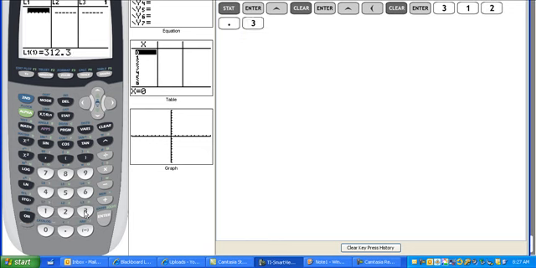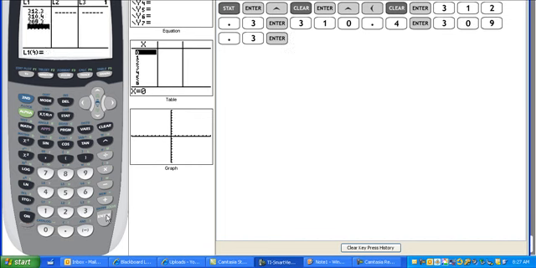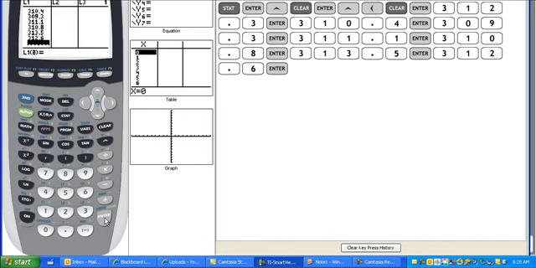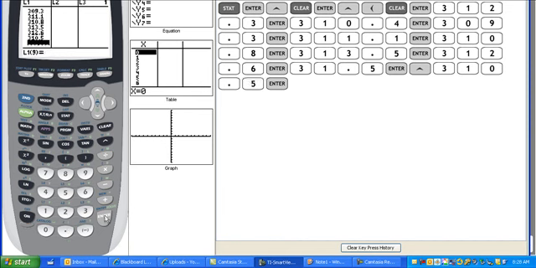312.3, enter. 310.4, enter. 309.3, enter. 311.1, enter. 310.8, enter. 313.5, enter. 312.6, 310.5, whoops, that one I made an error on. 310.5, okay. 311, okay, and 314.2.